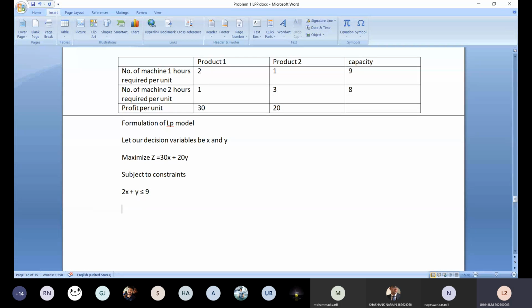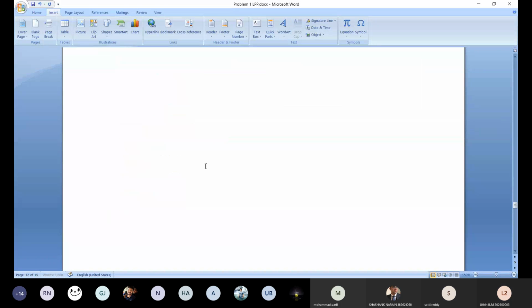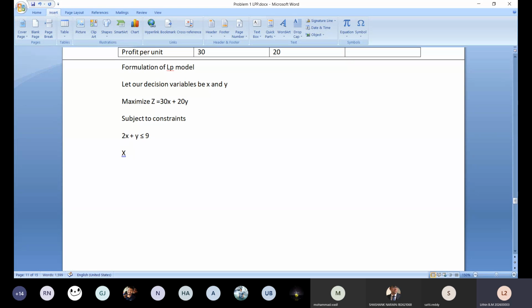So what is the second constraint? x plus 3y is less than or equal to 8.